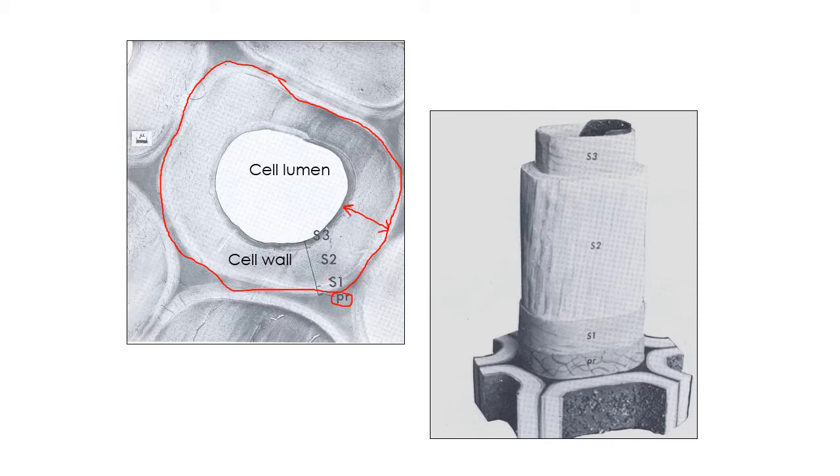So we have an S1 and an S2 and an S3 stage. And basically what that means is it grows new layers of lignin. So softer, more flexible plant tissues are made of cellulose, and then harder stuff, wood, is made of a compound called lignin. That's a very complex molecule.